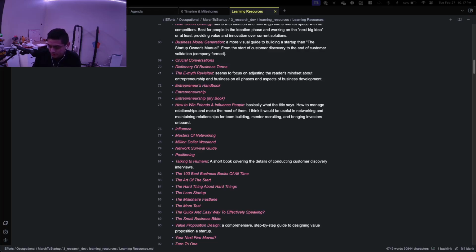Even this seems like, I don't know if summarized is the right word, but like a summarized or condensed version of the Startup Owner's Manual. Start small, be specific.